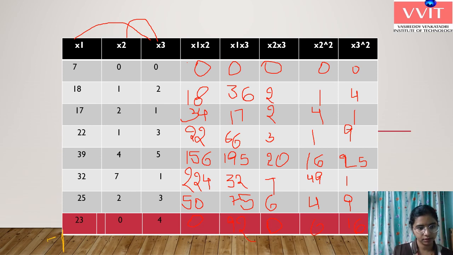We have to find the sigma, that is the sum of x1, sigma x1, sigma x2, like that. So 7 plus 18 plus 17 plus 22 plus 39 plus 32 plus 25 plus 23. Here sigma x1 is 183.